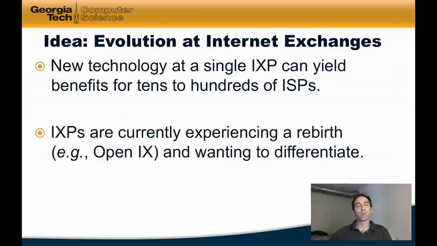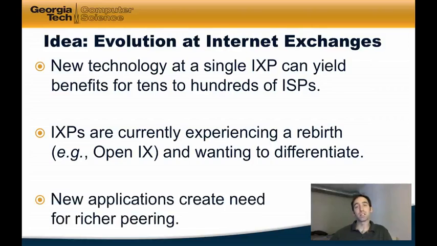IXPs right now are also currently experiencing a rebirth and wanting to differentiate themselves from one another. So they're looking for new technologies to make them a more attractive place for ISPs to come and interconnect. SDN is one way that one IXP might differentiate itself from another.